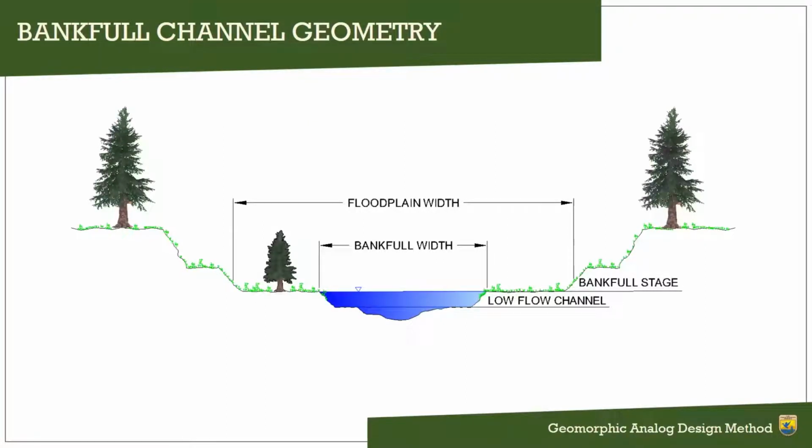Understanding and designing stream crossings for bankfull geometry is the key element of a successful stream crossing. If we design for the bankfull channel geometry, we are setting a road crossing up to work with the forces of nature instead of fighting against them. We know that the bankfull geometry is driven by the climate and geology of an area.